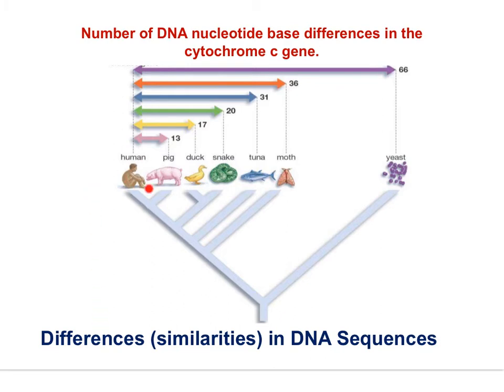The human and the pig are closely related with few base differences because their common ancestor lived recently in time, whereas the common ancestor for the human and the tuna lived more distantly, thus more mutations accumulated since the split from the common ancestor. The number of base differences between the human and tuna at 31 is proportional to the time that has passed since the split from the common ancestor.